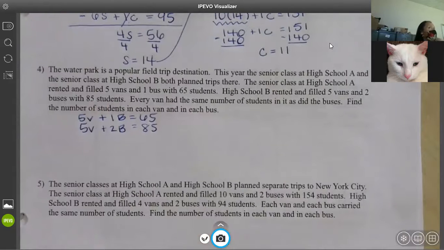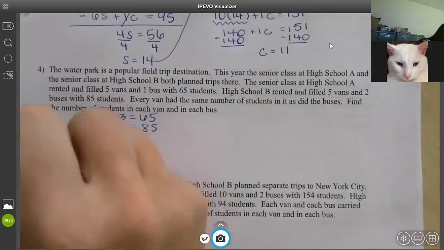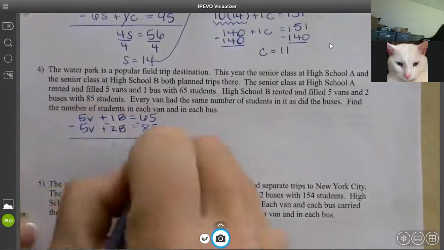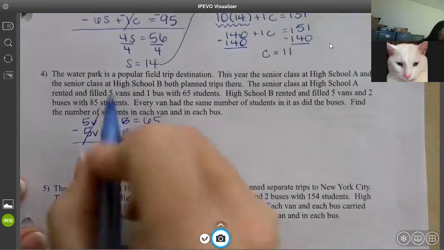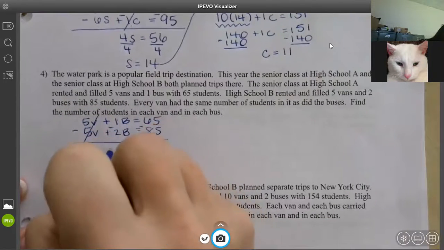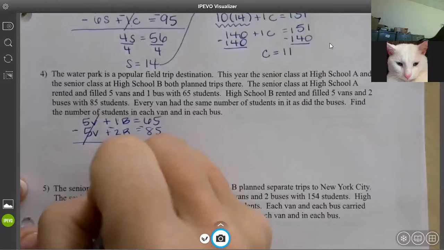If I were doing this by hand, what would I do? Just change the sign because your 5s would cancel out. It's probably quicker to go ahead and do that. We're going to get bigger numbers soon, so those are the ones we would definitely need to use Desmos for. So I'm going to go ahead and change these and solve it by hand, and then we'll go back to Desmos. 1 minus 2 is negative 1b.